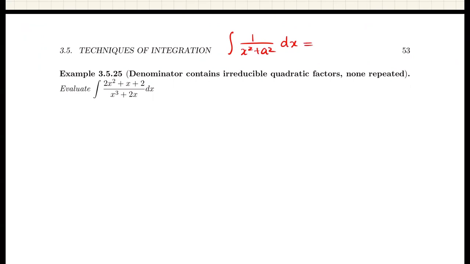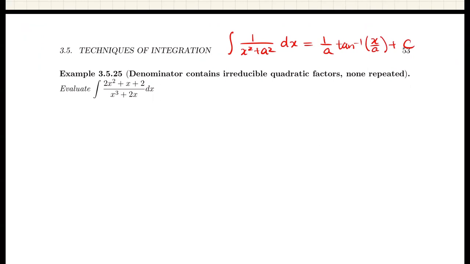We found that this integral was equal to 1 divided by a times tan inverse of x divided by a plus c. So this integral will actually be playing an important role here, and the following example will show that.